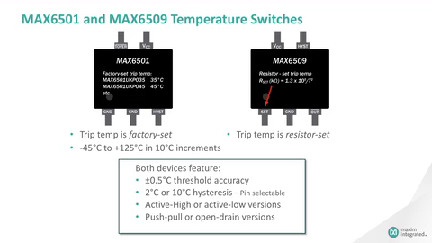In contrast, the MAX6509 features a programmable trip temperature. That temperature is set by the customer using an external resistor to set the trip threshold. The value of that resistor is determined from a formula, table, or curve in the datasheet, which correlates trip temperature to resistor value.